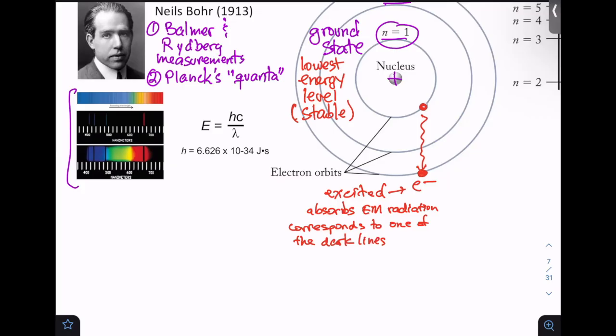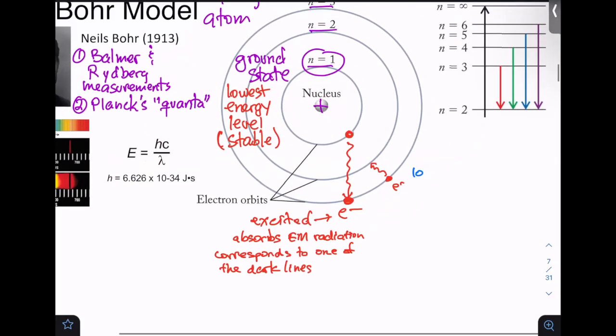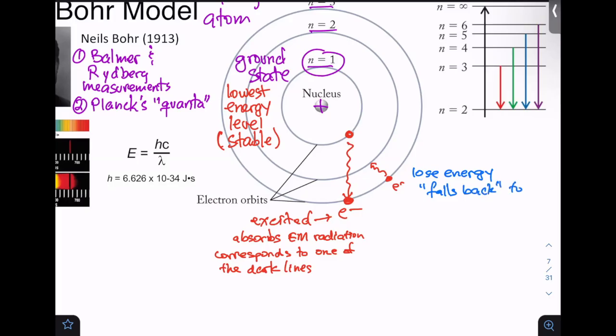in the absorption spectrum. But at some point, even though it's still in the flame, it's going to lose that energy that it just absorbed. And when it does so, it's going to, what I like to say, fall back, all right, or drop down, all right? So that same electron is going to lose energy. And it falls back to a lower quantized energy level.